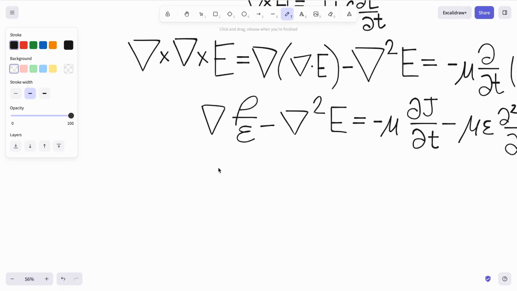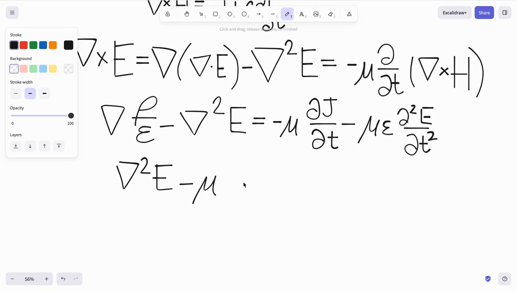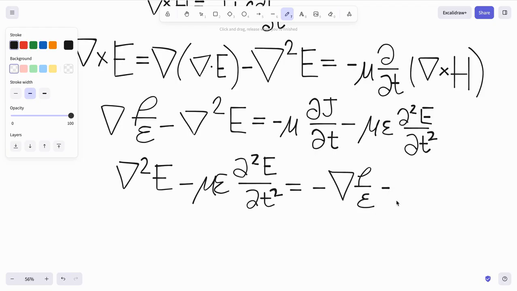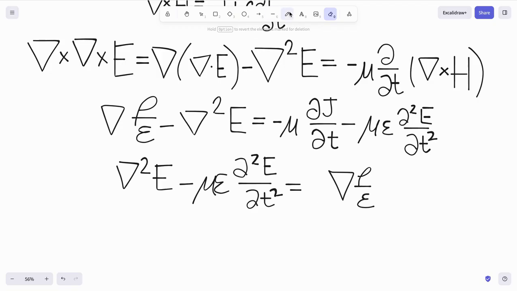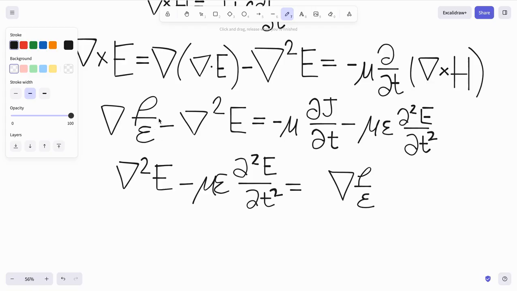Great. Let's now rearrange this so that it looks more familiar. The Laplacian of E minus mu epsilon partial squared E over partial t squared is equal to, sorry, not minus, positive, the gradient of rho over epsilon plus mu partial J over partial t.